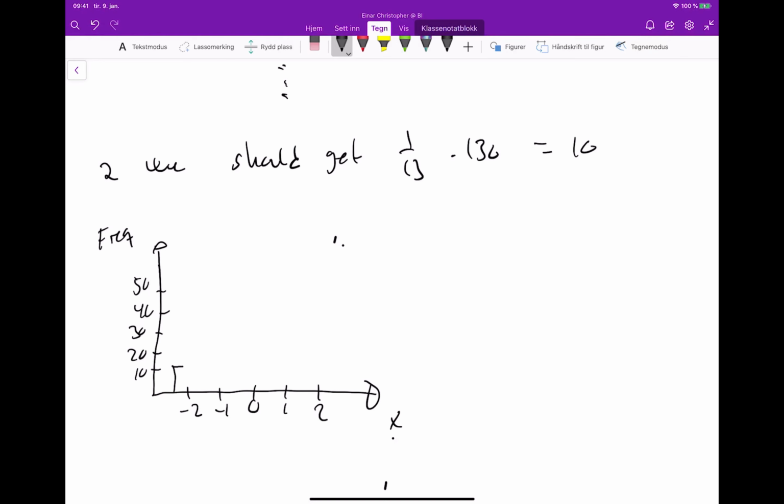Minus 2, 10, minus 1, 30, 0, 50, 1, 30, and 2, 10. So, like this.